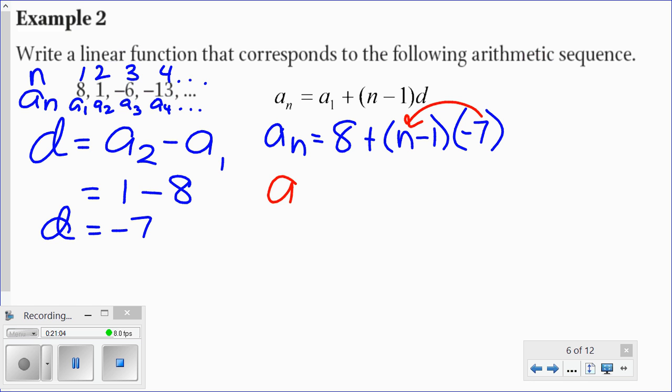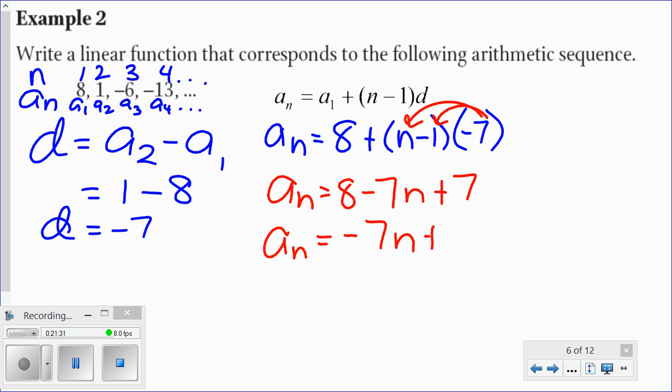We've got a sub n is equal to 8. -7 times n is -7n. -7 times -1 gives us, negative times negative gives us +7. Now we can combine like terms. We want to have the value of the term with n come first with the linear expression. So -7n plus 8 plus 7. Good.